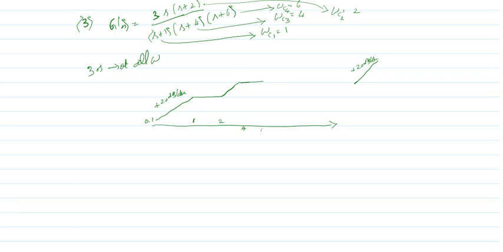Then after 6, it is minus 20 dB. So 0 dB, 20 dB, 0 dB, minus 20 dB. This is the approximate Bode plot.